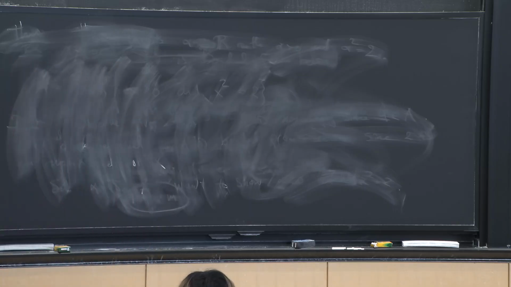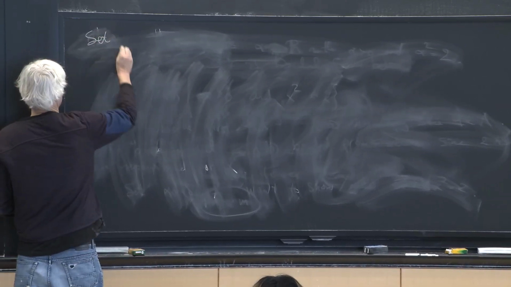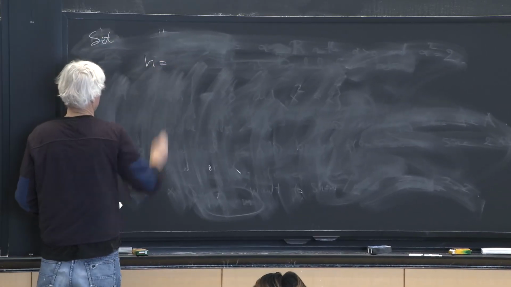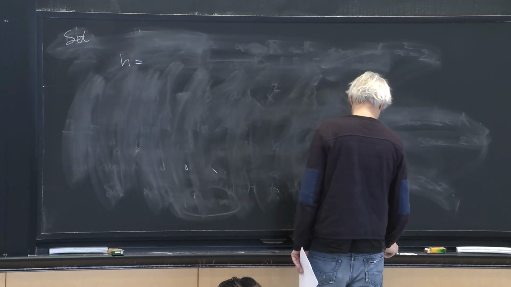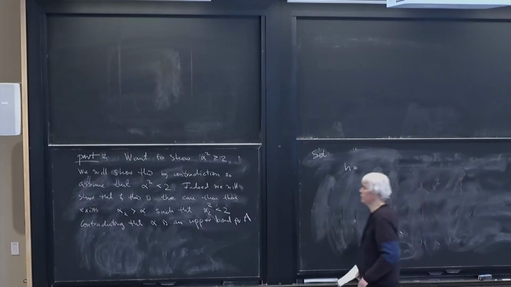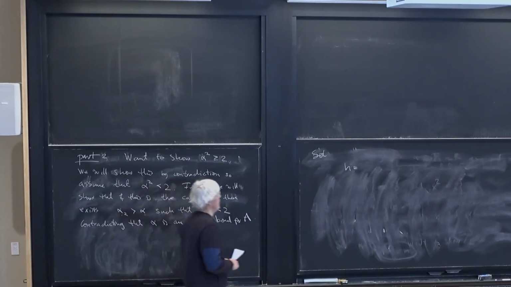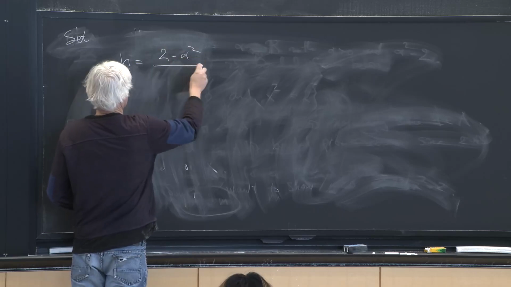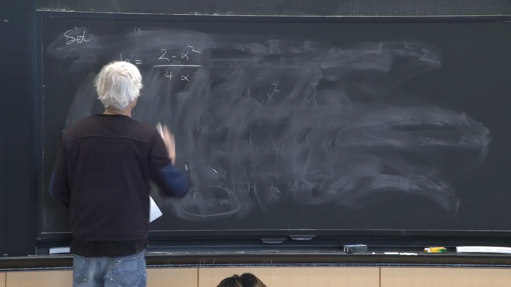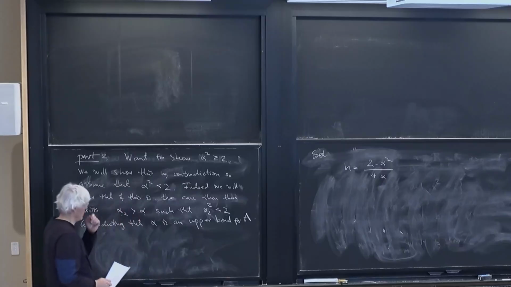Okay, so I'm going to set h again. I'm going to define it very similar to what I did before. But now I have to remember that I'm assuming that alpha squared is less than 2. So I define h to be (2 minus alpha squared) over 4 alpha.